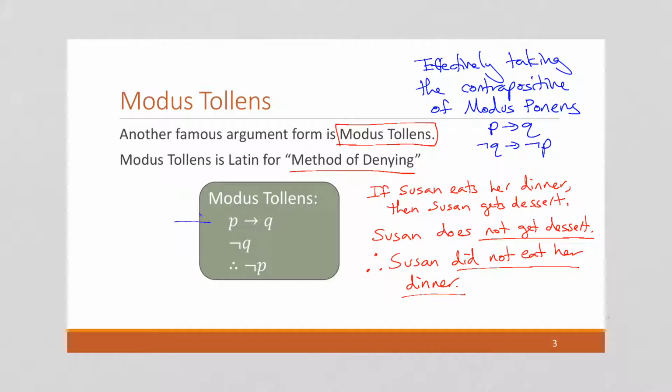We have that P implies Q, and then we're told that Q is not true. Well, it follows that P is not true either. So this is very similar to the contrapositive. And we know that the contrapositive is equivalent to the original statement. So we know that these two statement forms are equivalent.